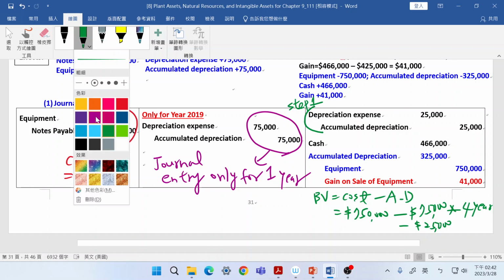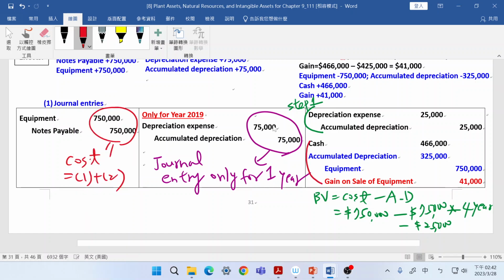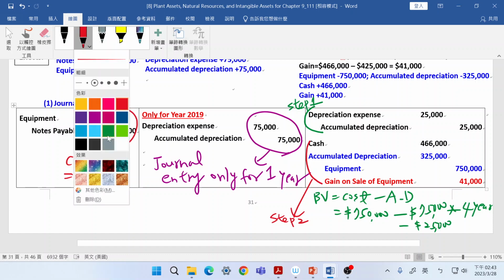So you need to do the step 2. What's your step 2? This is your step 2. This transaction, I got the cash. So you got the cash. You sold your PP, so your PP should be decreased. Okay? So that's right. My PP decrease.